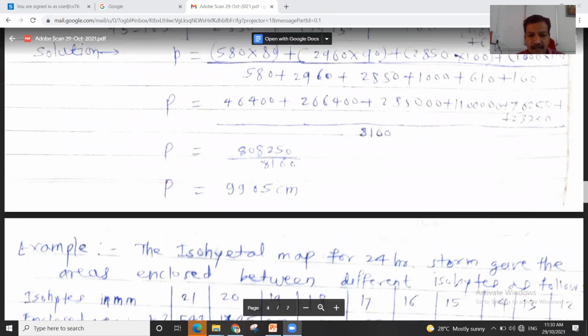Any difficulty. Right, 99.05, okay correct. Any difficulty in this? नो सर. Okay.